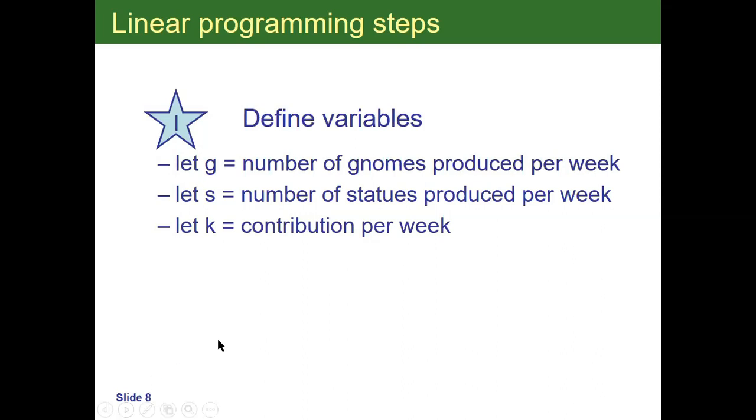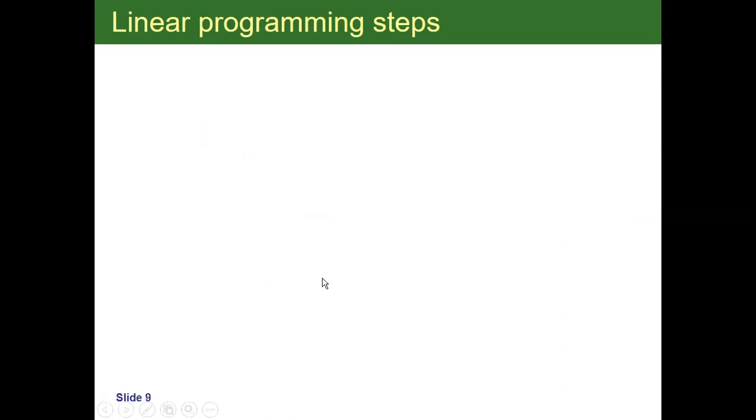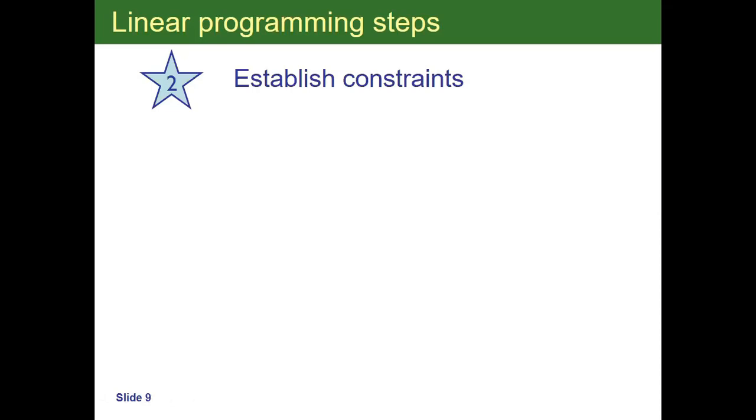And then you find out your step 2, establish constraints. So what are your constraints? So constraints you will write down. Limiting factors. Yeah, limiting factors. And you will write down like this. You will say that material is 2G plus 4S less than equal to 80. So if you remember, every gnome was using 2 kilograms.